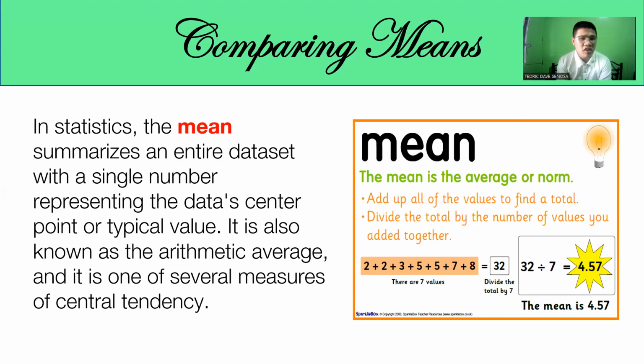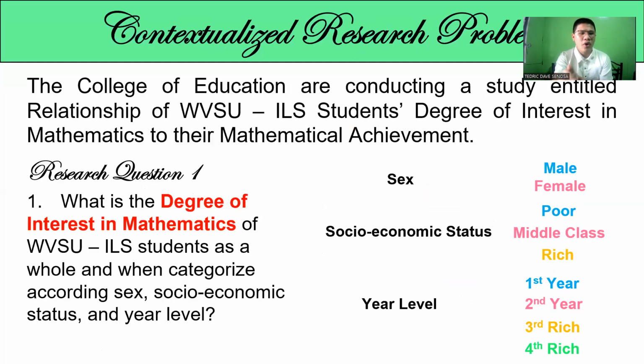So everyone knows the definition of the mean, and we now need to move forward on the process and how to answer our research question number 1. Okay? As of now, is there any question before we start? I think none. You may raise your hand if you have questions, class. So there's none. Let's start.